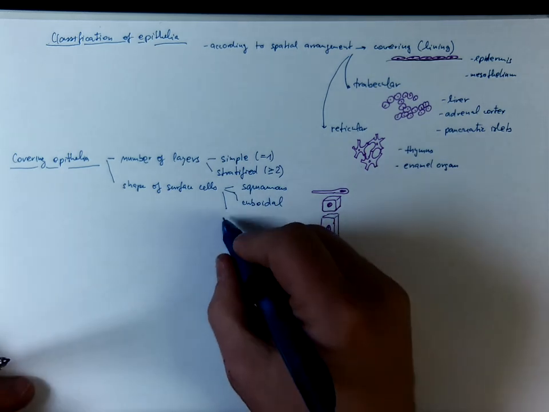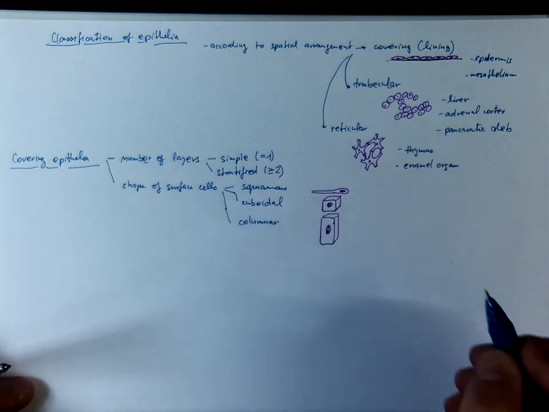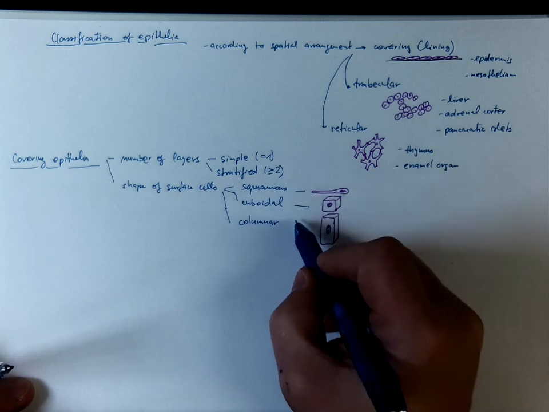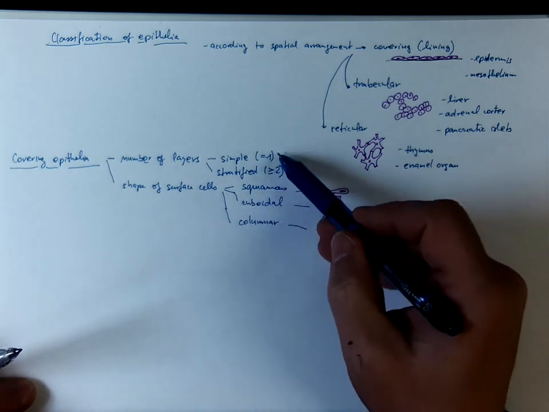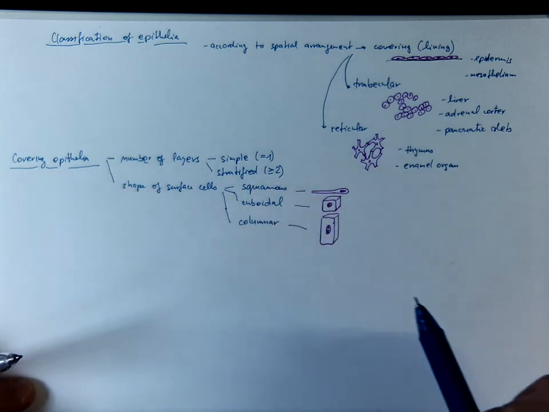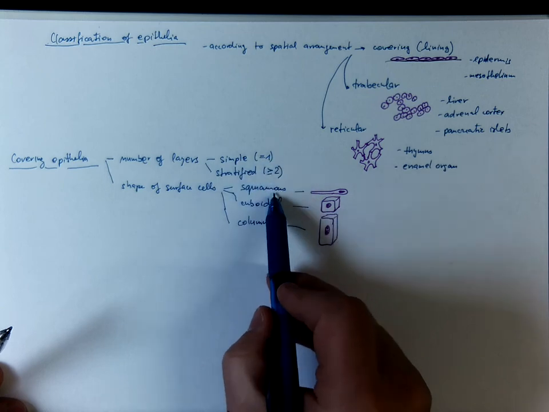That's what you call columnar. Now we combine both these criteria to get the full name of the covering epithelium. So the first combination would be simple squamous, right?